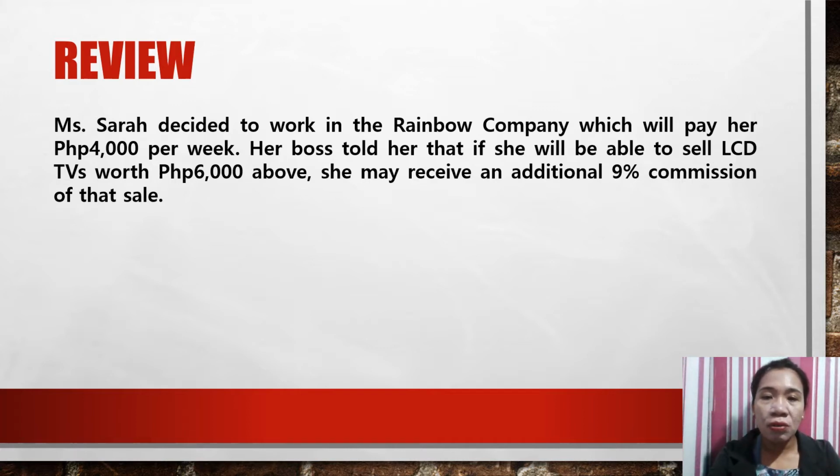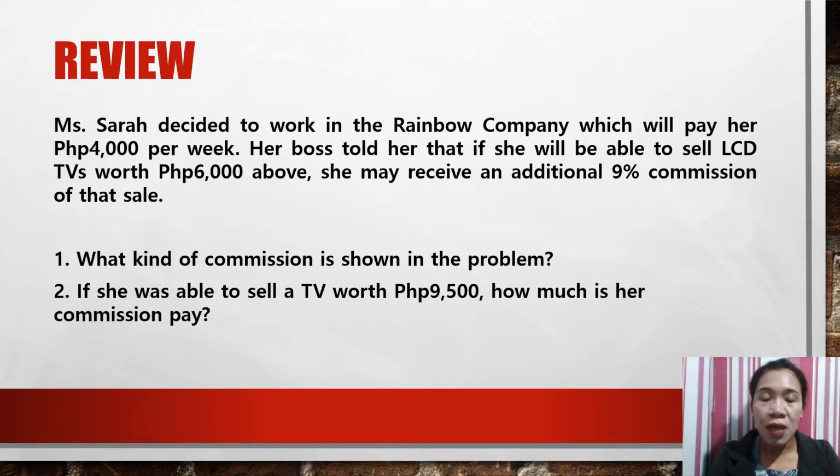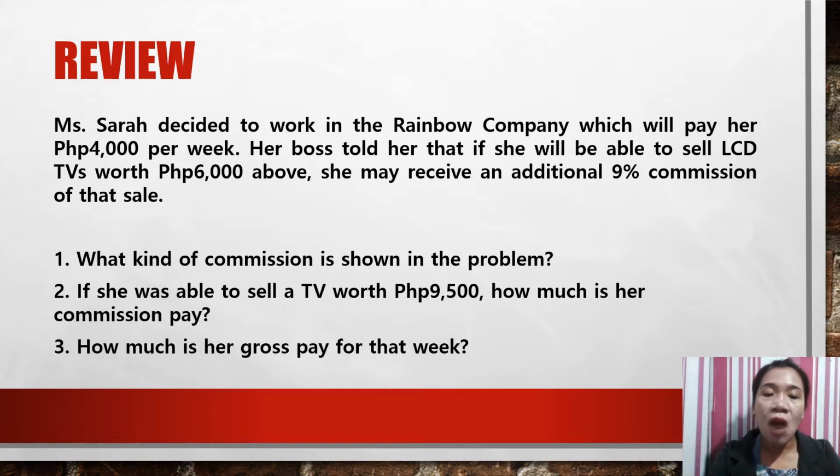Her boss told her that if she will be able to sell LCD TVs worth 6,000 pesos above, she may receive an additional 9% commission of that sale. Question number 1. What kind of commission is shown in the problem? Number 2. If she was able to sell a TV worth 9,500 pesos, how much is her commission pay? Number 3. How much is her gross pay for that week?